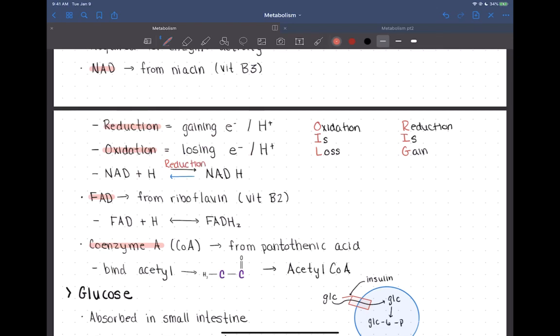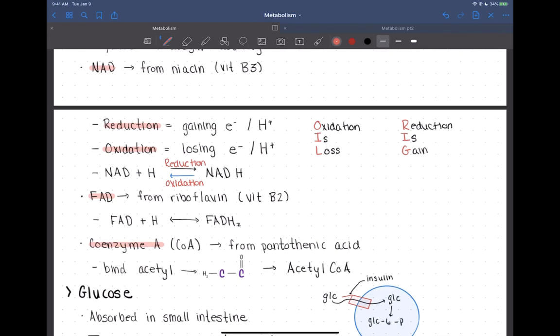Okay, and if we reverse that and remove the hydrogen, that's an oxidation reaction. Okay, so NAD can be involved in reduction and oxidation, just depending on which state it's in. All right, so that's our first coenzyme. Its job is to pick up hydrogens and carry them to later parts in our aerobic respiration.